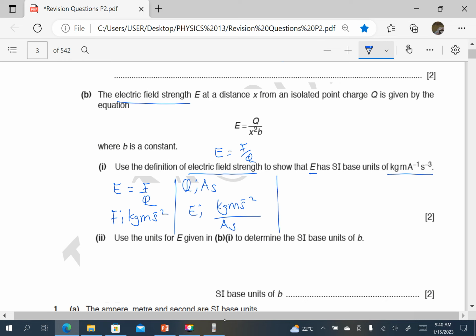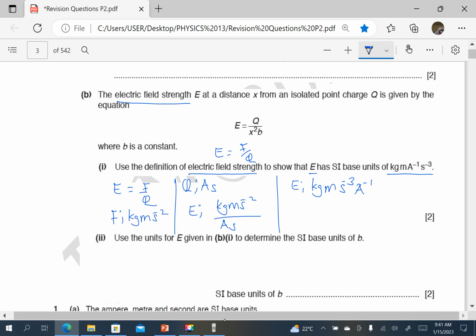So the units of electric field strength will be kilogram meters. When I divide s power negative 2 by s, it becomes s power negative 3. Then I have 1 over A, which will be A power negative 1.